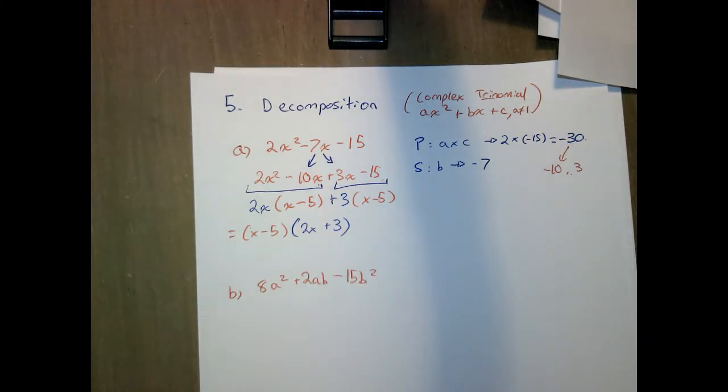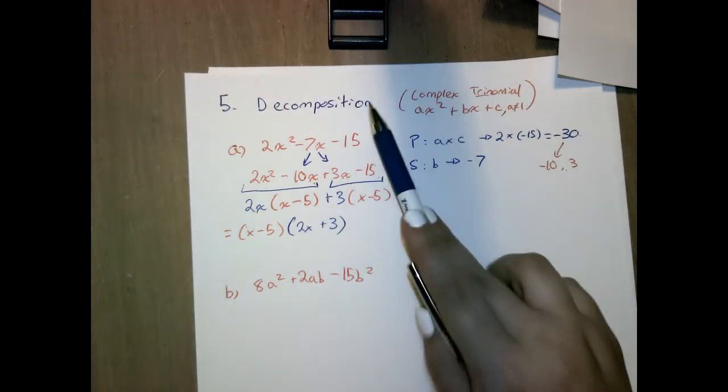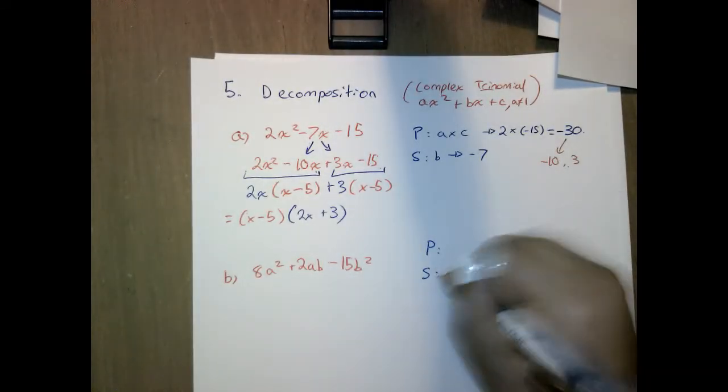So similarly to that example with the simple trinomial, when I have an a squared term and a b squared term, that means that my final answer has to have both a's and b's in it. But this is a little bit easier actually to see when we are factoring by decomposition method. So first I go about factoring this using the product sum method, same as before.